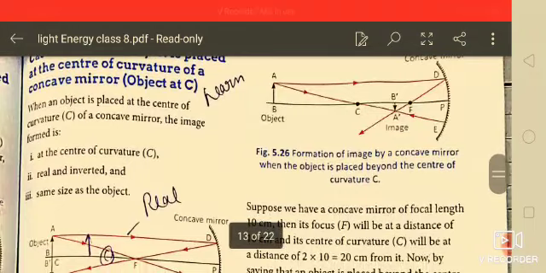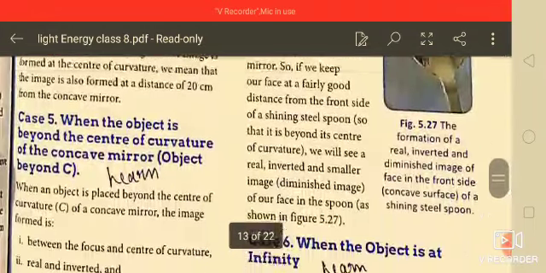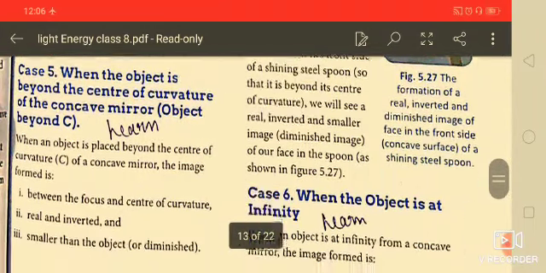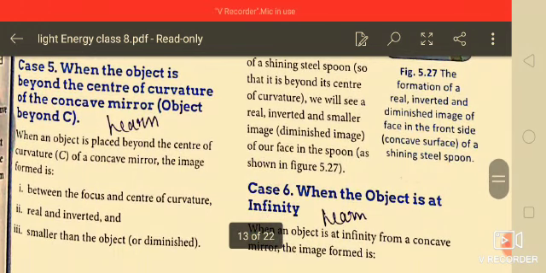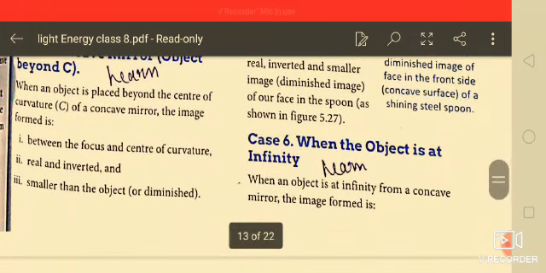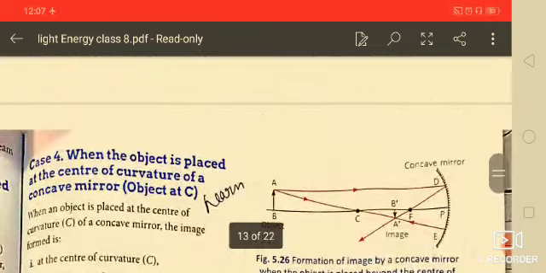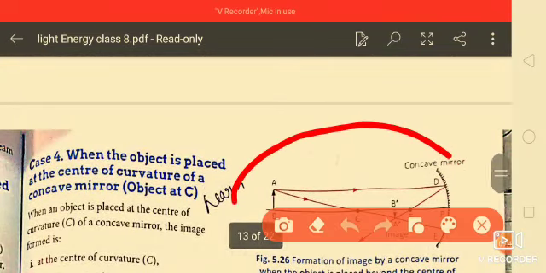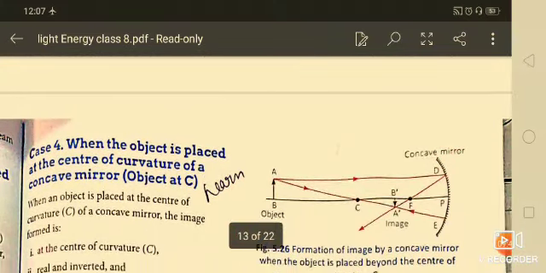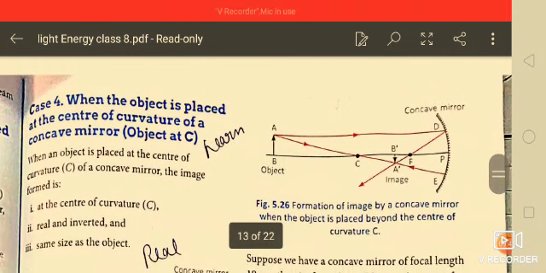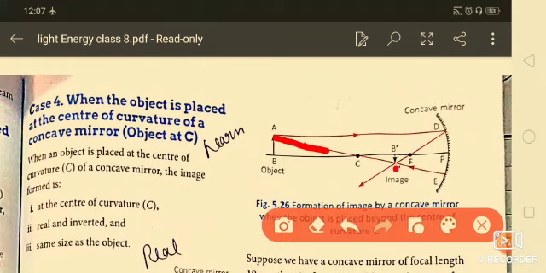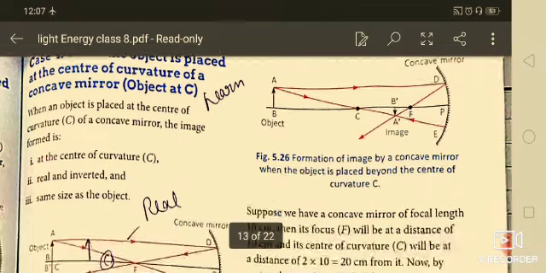So next one is, students, case number 5, the object is beyond the center of curvature. Students, when the object is beyond the center of curvature, this one is the diagrammatic representation of beyond the center of curvature, okay. So this one is beyond the curvature and you will find that the image is formed between the center of curvature and focus, and that image is very small.